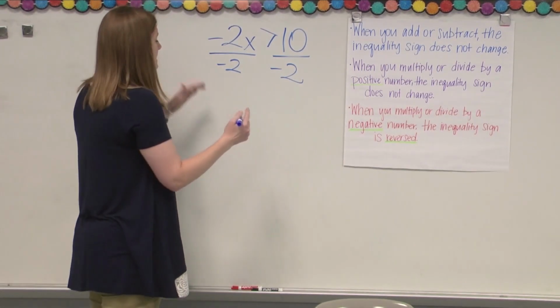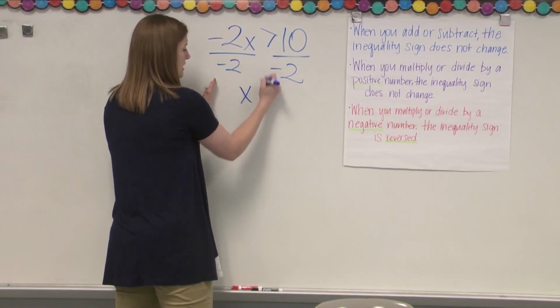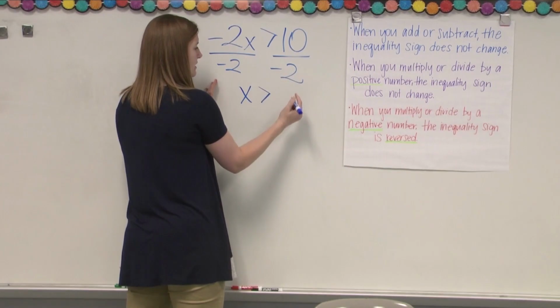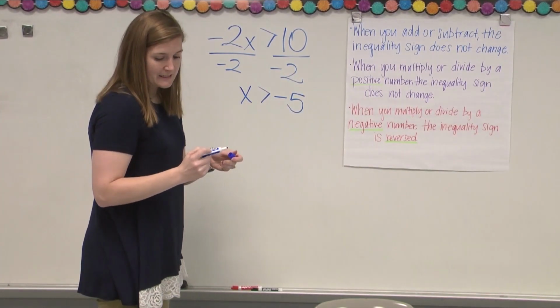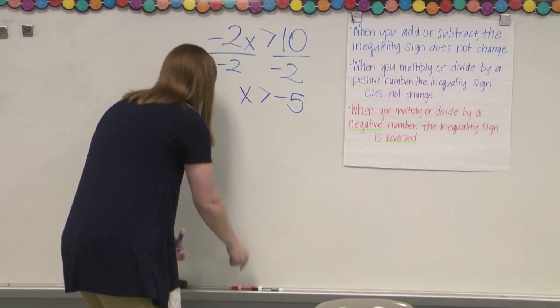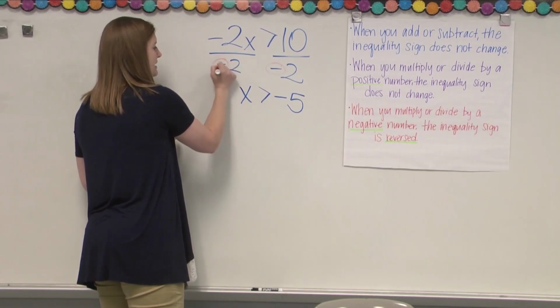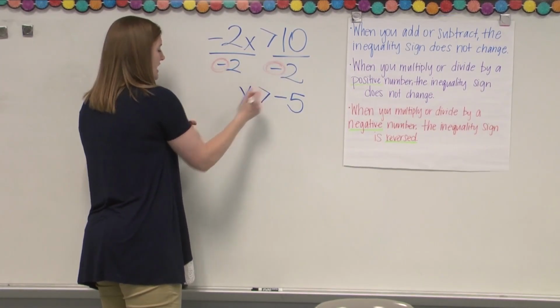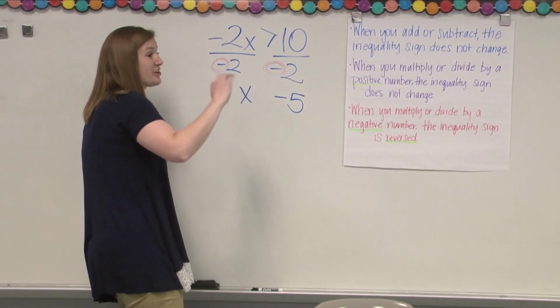Now, I'm keeping that same, and negative 2 divided by negative 2 is 1, so I'm keeping x, I'm keeping greater than, 10 divided by negative 2 is negative 5. But keep in mind that because we divided by this negative number, because we're dividing by negative 2 here, it's going to take that inequality symbol and reverse it.